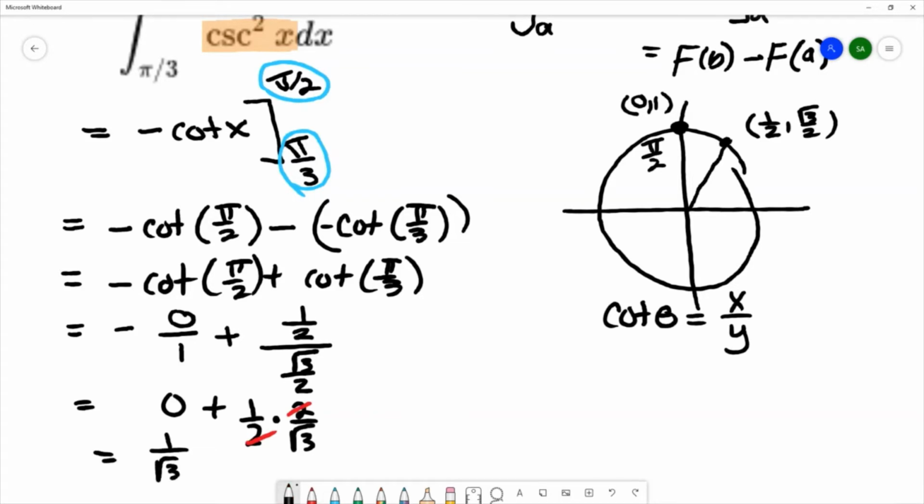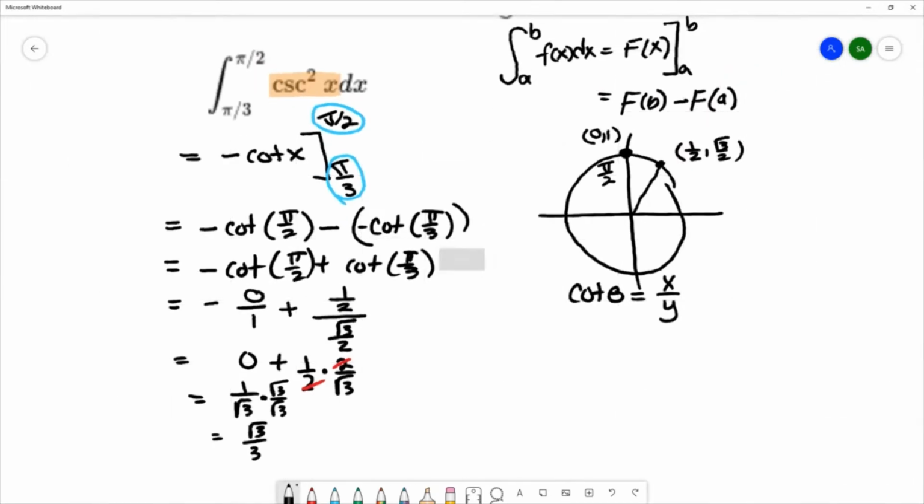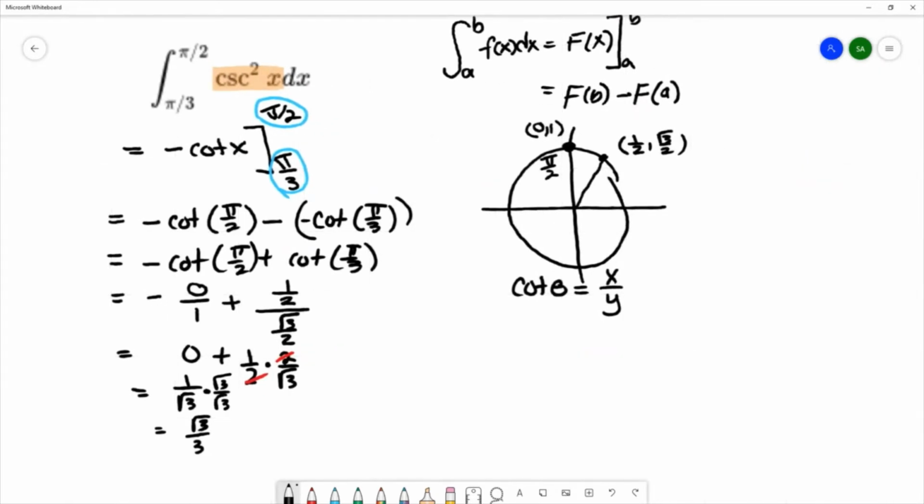We can leave our answer like that, or you could rationalize by multiplying by square root of 3 over square root of 3, and that would give you square root of 3 over 3. So we have our definite integral of pi over 3 to pi over 2, cosecant squared x dx being square root of 3 over 3.